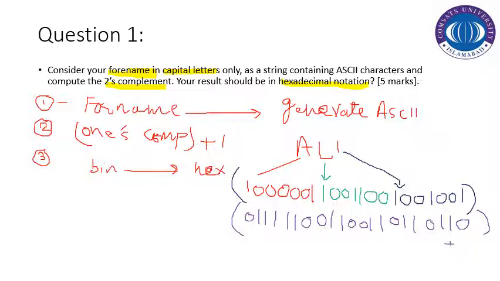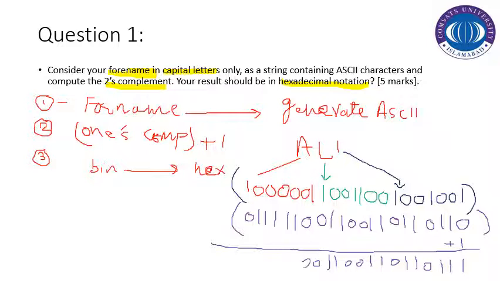So we simply add 1 at the least significant position. 1 plus 0 equals 1 with no carry, and that's how the string will repeat itself: 1, 1, 0, 1, 1, 0, 1, 1, 0, 0, again 1, 1, again 0, 0, then 1, 1, 1, 1, 1, and 0. Now the two's complement of that ASCII string is generated.